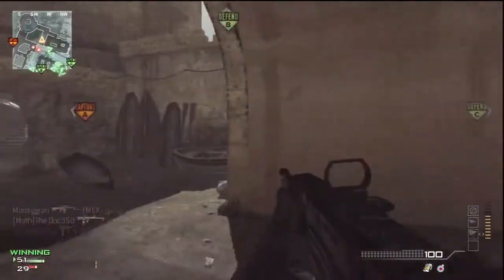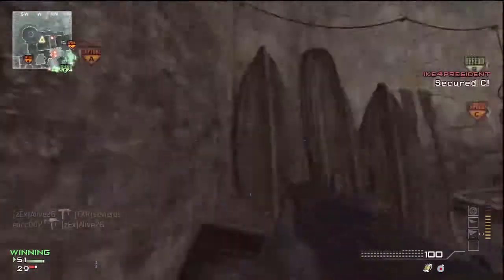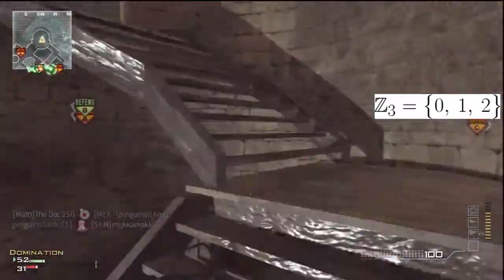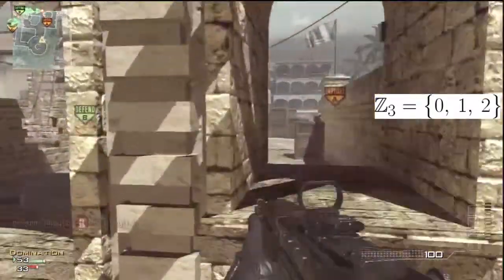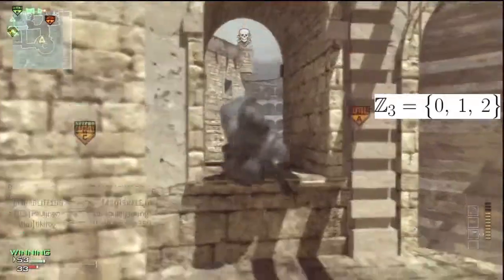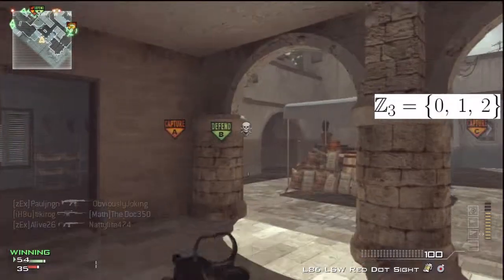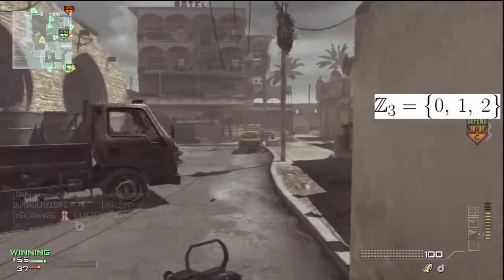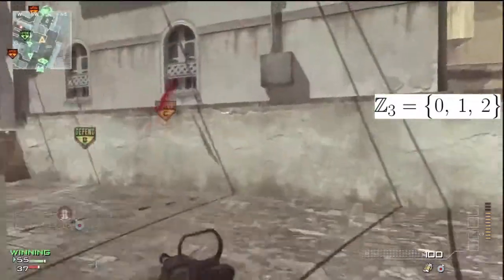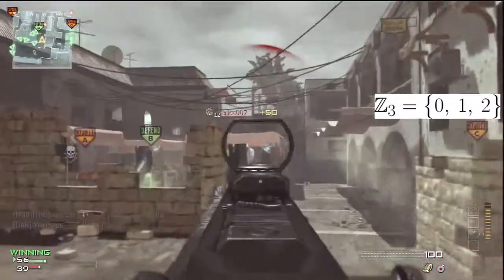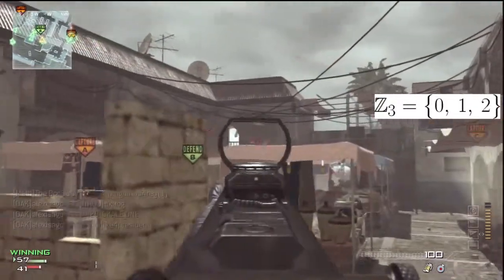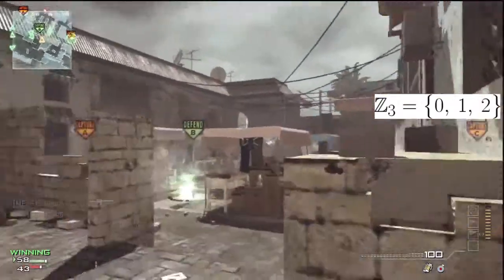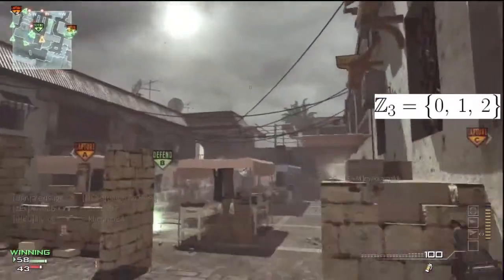So for example, let's look at Z sub 3. Now, Z sub 3, right, is a subset of the integers, and it contains all the elements 0, 1, and 2. Now, because we're looking at Z3, when we add something to Z3, since those are the only 3 numbers in that set, if you were to go past 2, then you would go back to 0, and then to 1, and then to 2, and then back to 0.